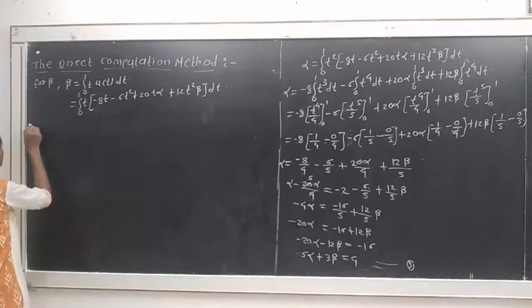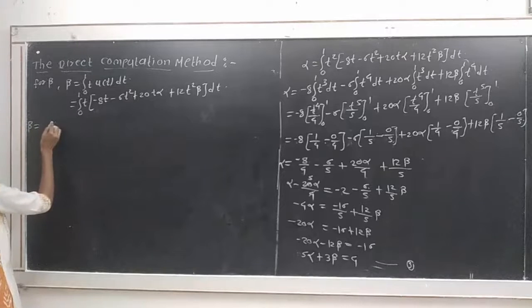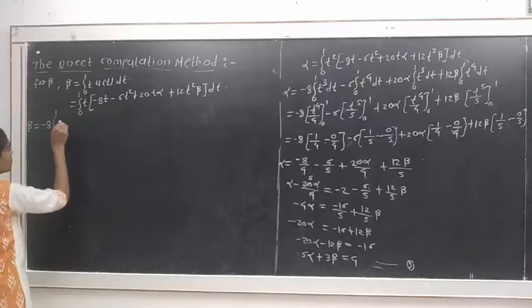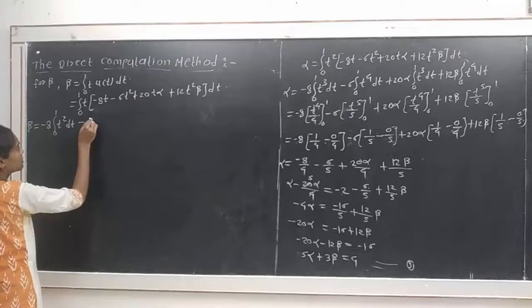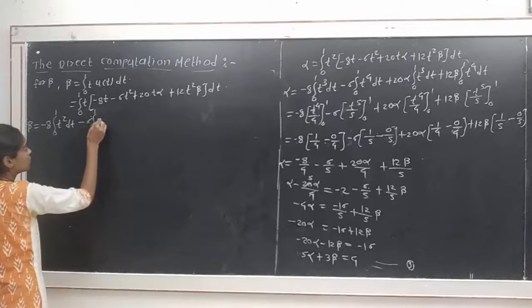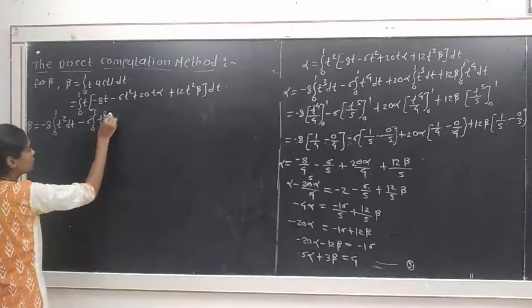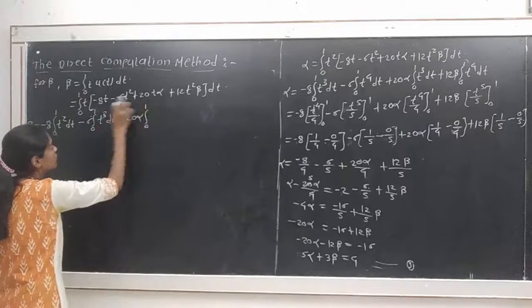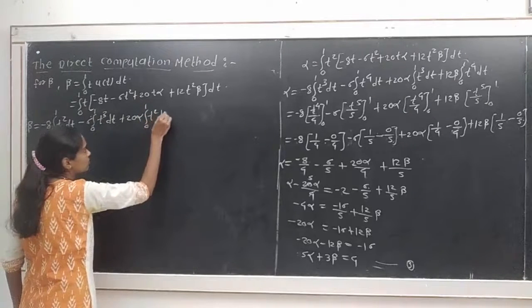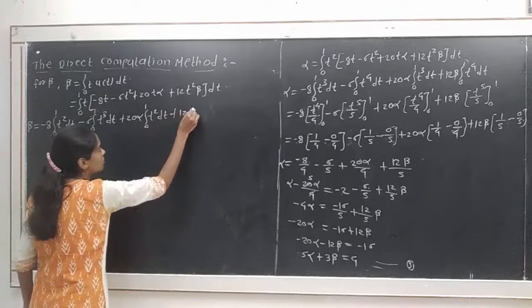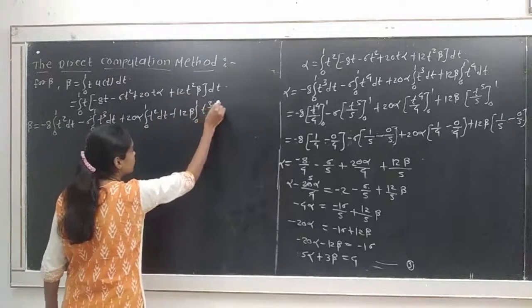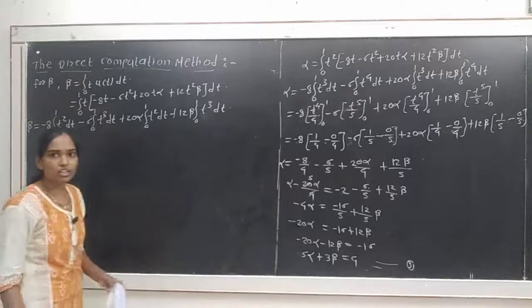Then we get beta is equal to, separating this integral, minus 8 integration from 0 to 1 of t into t becomes t square dt, then minus 6 integration from 0 to 1 of t square into t becomes t cube dt, plus 20 alpha integration from 0 to 1 of t into t will be t square dt, plus 12 beta integration from 0 to 1 of t square into t becomes t cube dt.